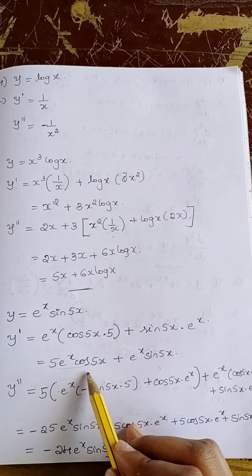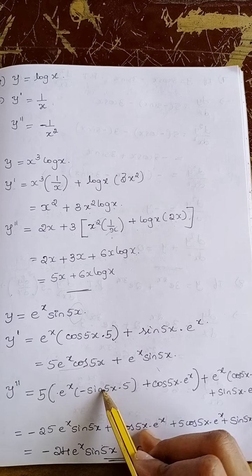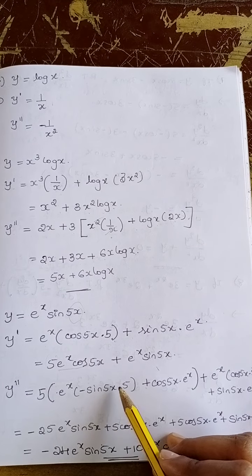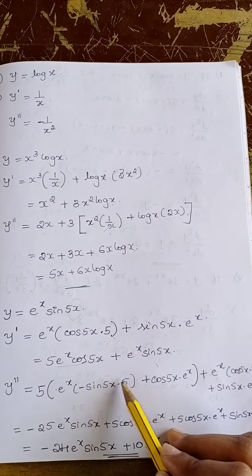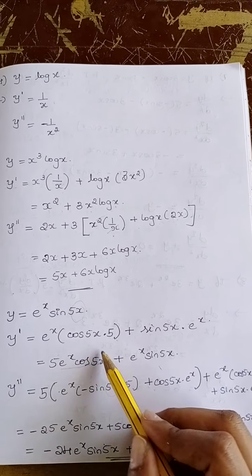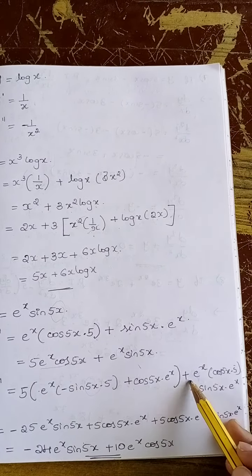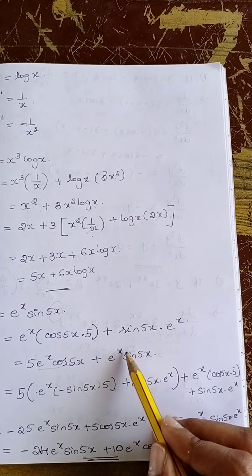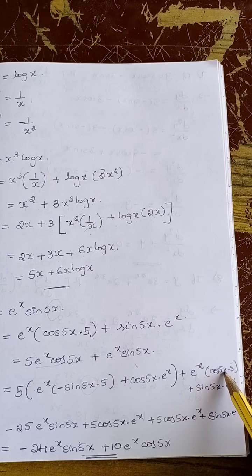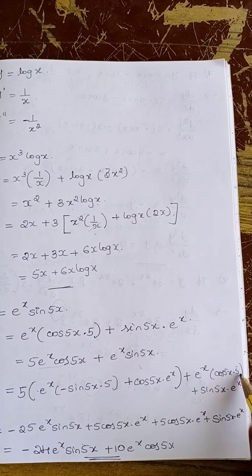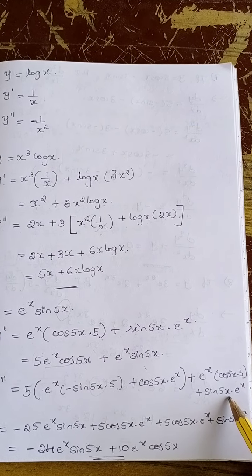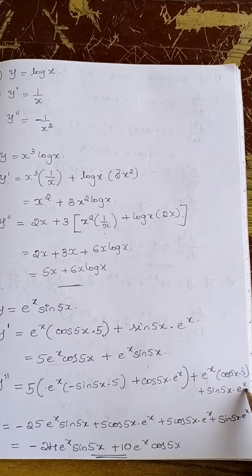y double dash is equal to 5 is a constant, e power x cos 5x, that is e power x into differentiation of cos 5x, which is minus sin 5x into differentiation of 5x, which is 5, plus cos 5x into differentiation of e power x, which is e power x, plus e power x into differentiation of sin 5x, which is cos 5x into differentiation of 5x, which is 5, plus sin 5x into differentiation of e power x, which is e power x.